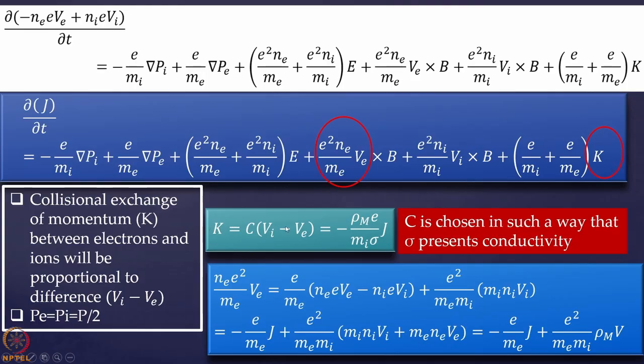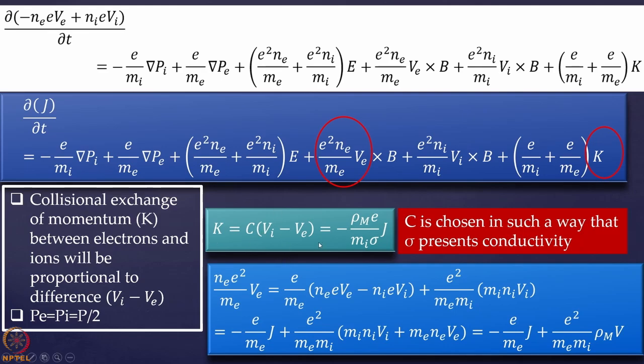I am just giving you a clue over here that this K is basically the momentum transfer due to collision. Suppose you are running and your friend is trying to catch you.